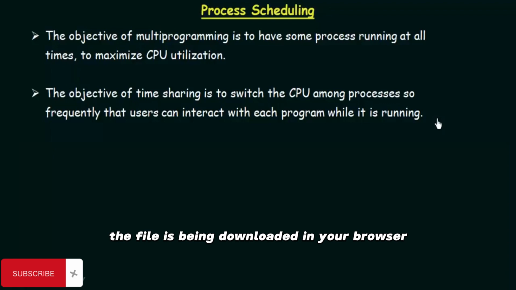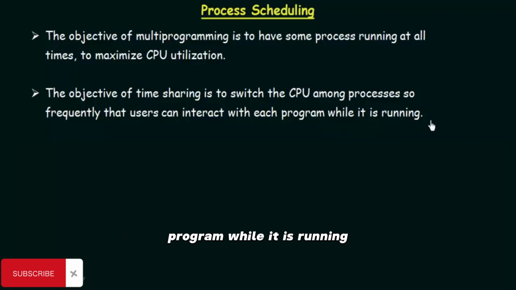We feel like we are doing these three things at the same time, but if you go deep into it and really look at it, we'll find that these three things are not actually happening at the very same time. What is happening is that the CPU is switched among these three processes so frequently and so quickly that you are able to interact with each program while it is running.